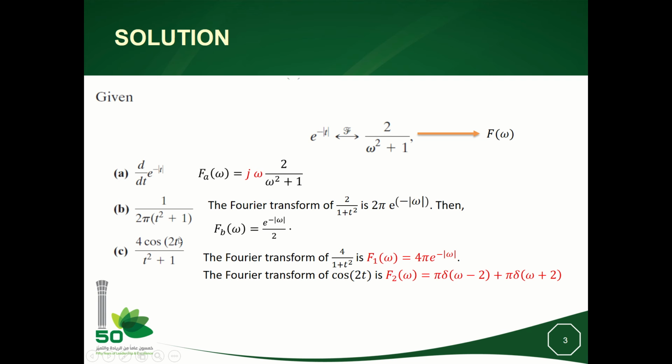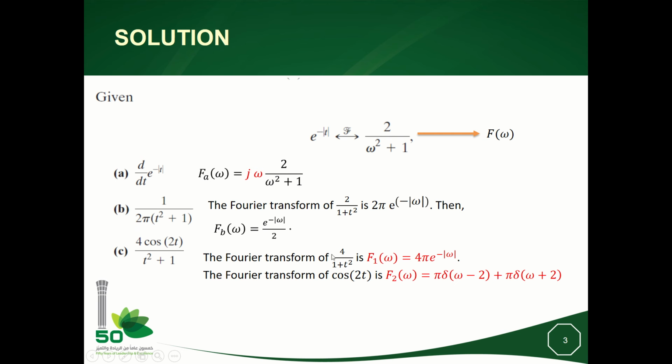So here I will split this function as the product of two functions, f1 will be 4 divided by 1 plus t squared, and f2 will be cos of 2t. So I will calculate the respective Fourier transform of f1 of t and f2 of t.